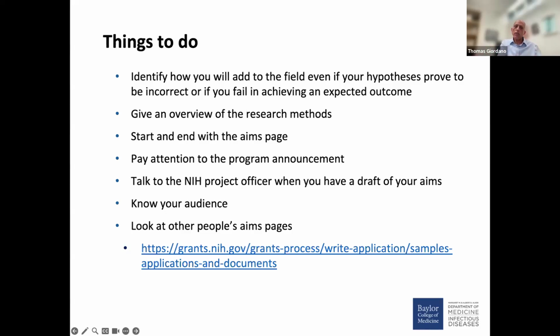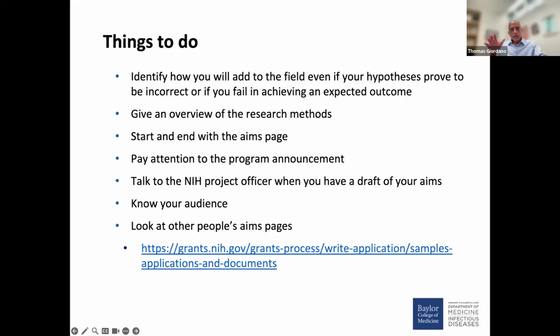If the panel is extremely laboratory based, then you change the way you are selling the grant. And the last thing here is, if you've not done this before, or even if you have and you want to get better at it, there are Aims pages publicly available on the NIH website, and here's a link for it.